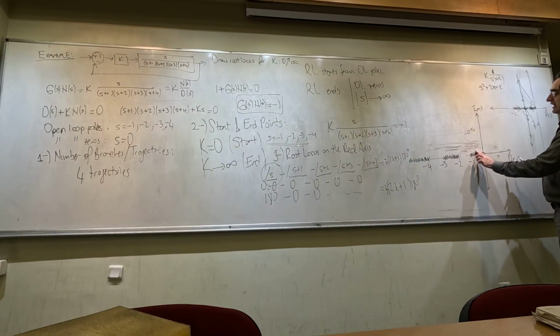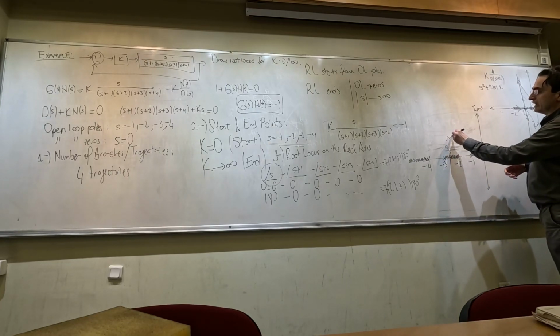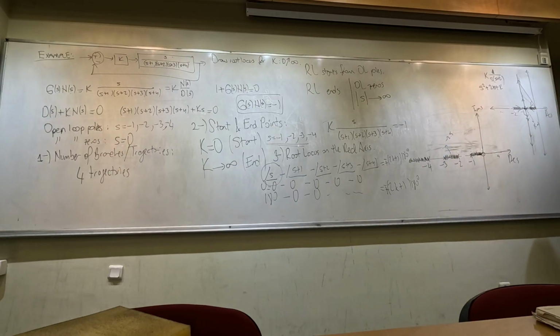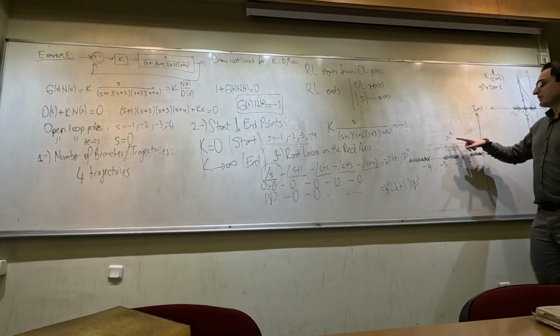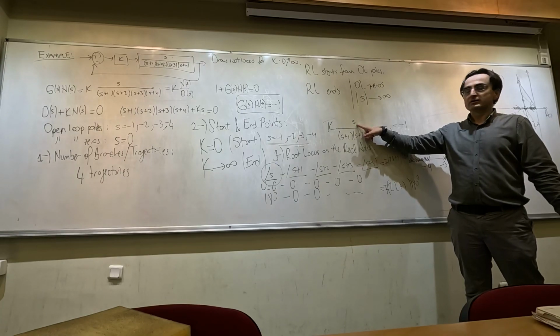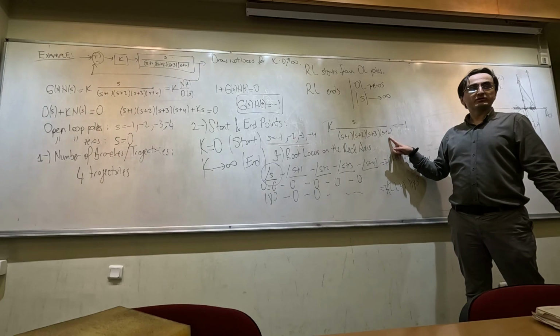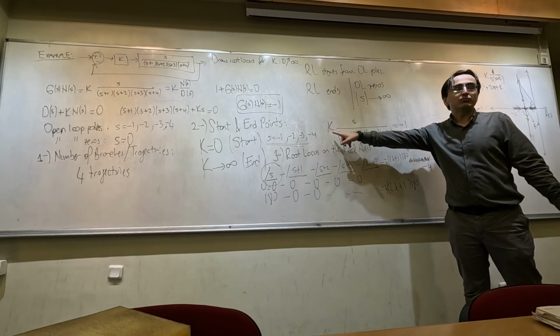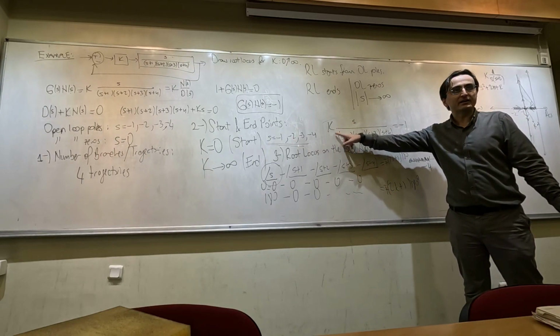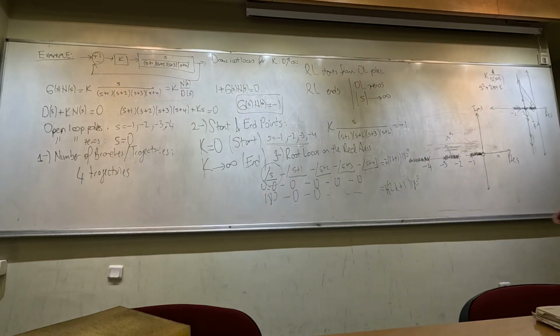For example, we haven't checked in this interval. In this interval, S is like -2.5. If S is -2.5, this is negative, negative, negative, positive, positive. By choosing a positive K, can you satisfy this equality in that case? Yes, you can actually choose it.